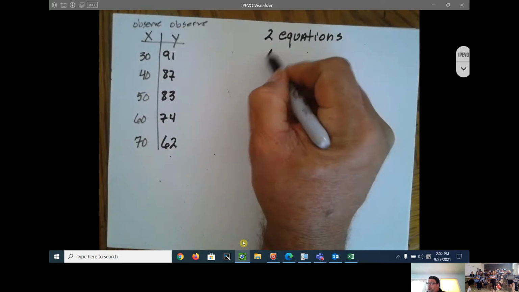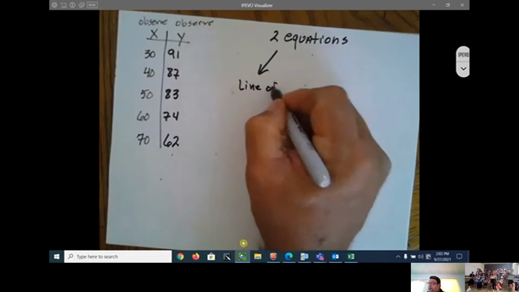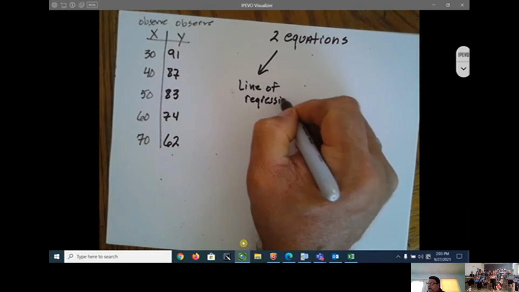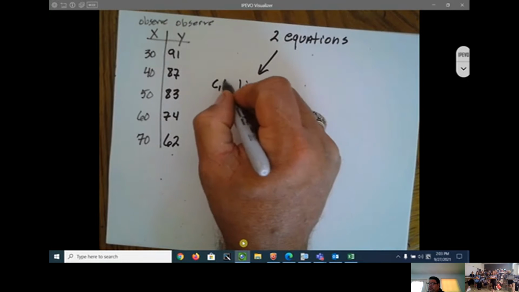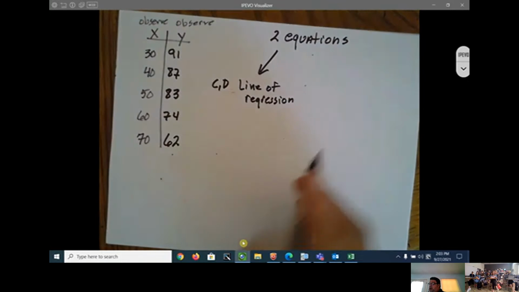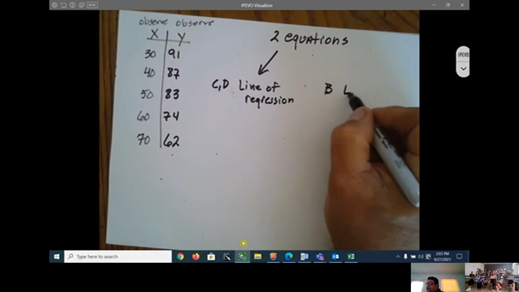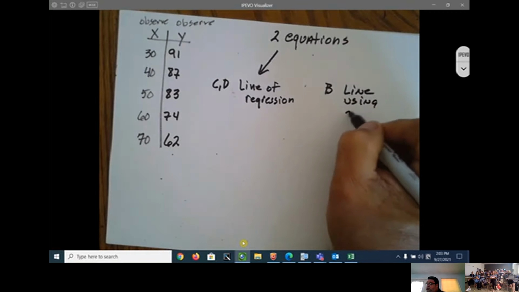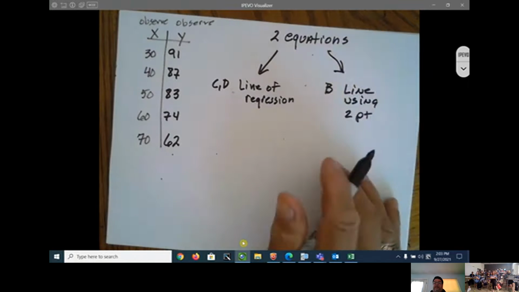One, they want you to find the line of regression, and this is like part C, D. B, they want you to find a line using 2 points, and that's what's throwing everybody off.